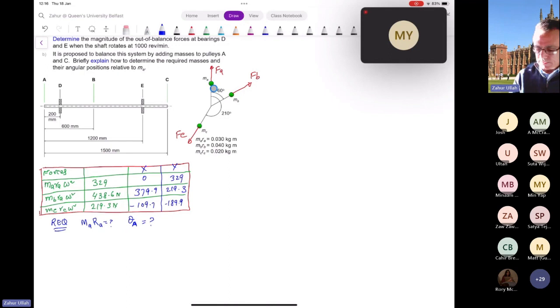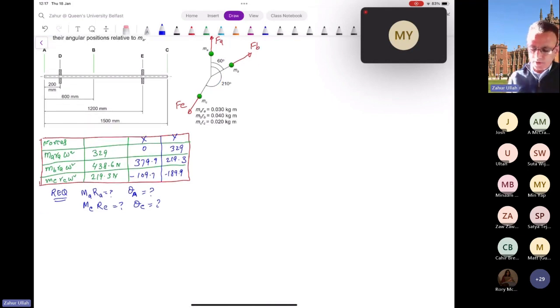The one that is given to you, which in this case is vertical, is just for this force A, which is due to this mass. But we now need to add another mass to this A here. We also need to add another mass at C, so you can call it MCRC. This is unknown, and again you need to calculate theta C. The theta C which is given here, this is 210, is for this mass, but now we need to add another mass to the same place. So you need to calculate that also.